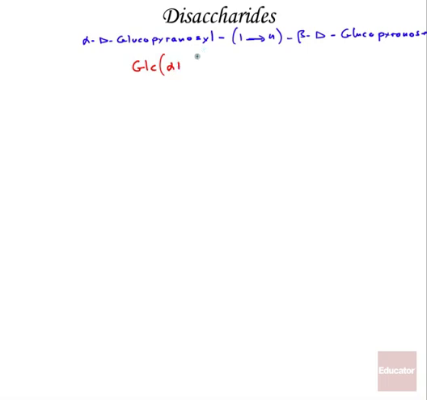Alpha 1 to 4. The fourth carbon, we don't write alpha beta because the alpha beta designation is only for the anomeric carbon.